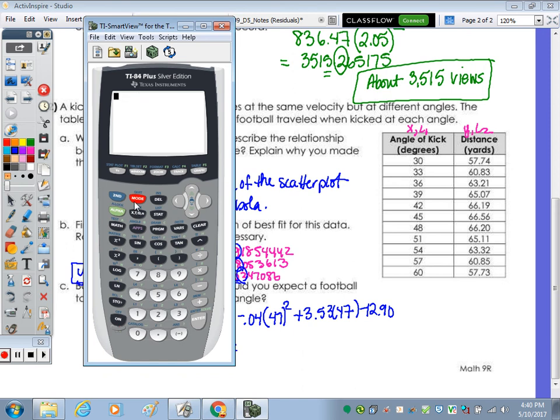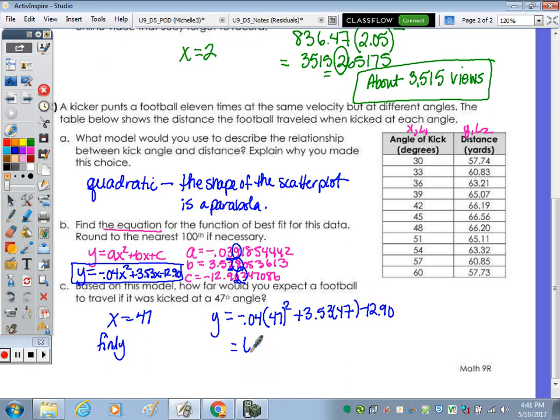So if we plug it in, negative 0.04 times 47 squared plus 3.53 times 47, and then minus 12.9. It's 64.65. And that's in terms of how far we are in yards.